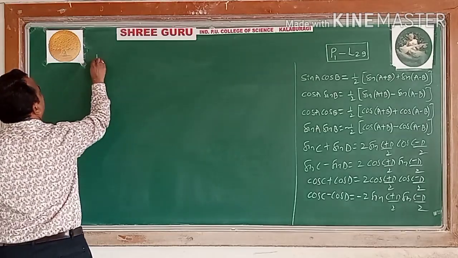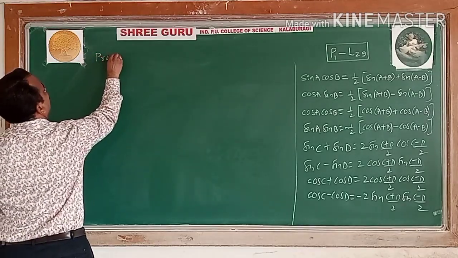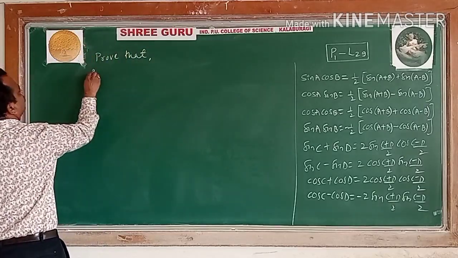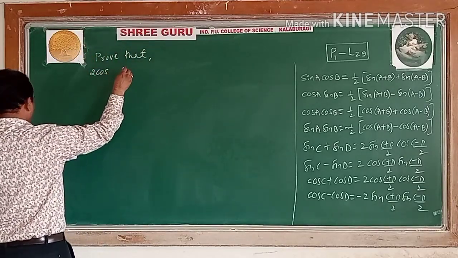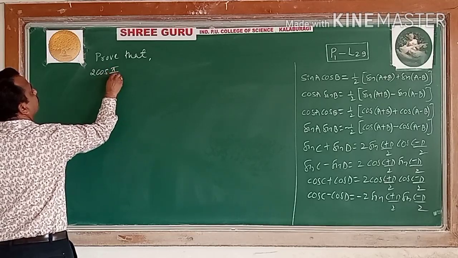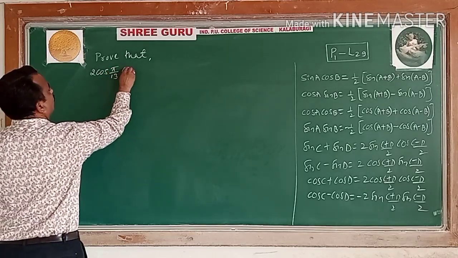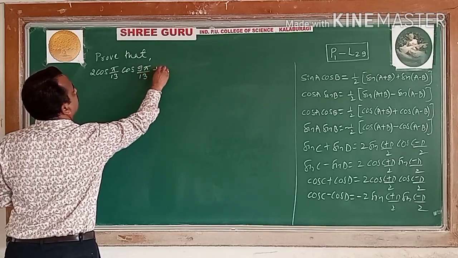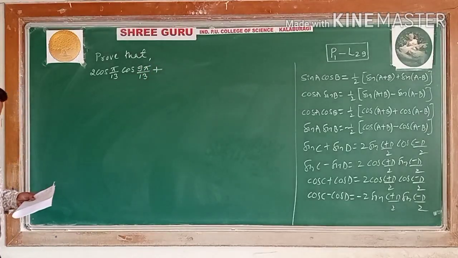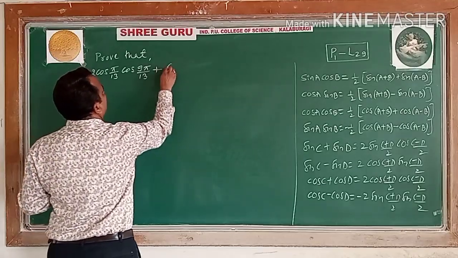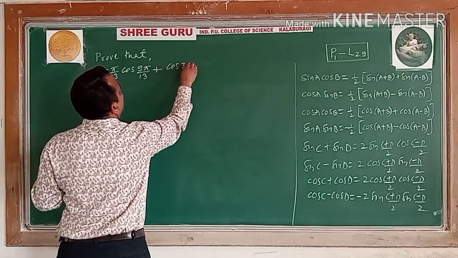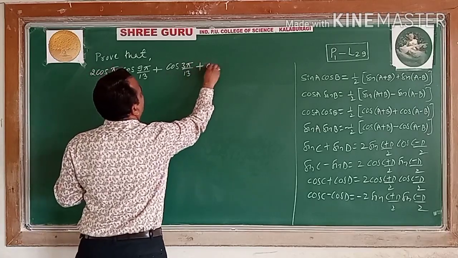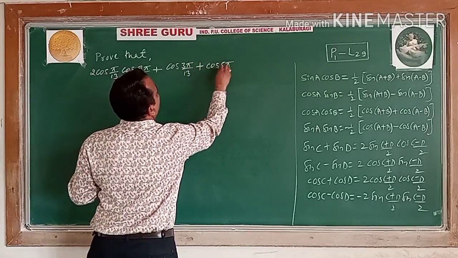See this one. Prove that 2 times of cos pi by 13 into cos 9 pi by 13 plus cos 3 pi by 13 plus cos 5 pi by 13 equals 0.